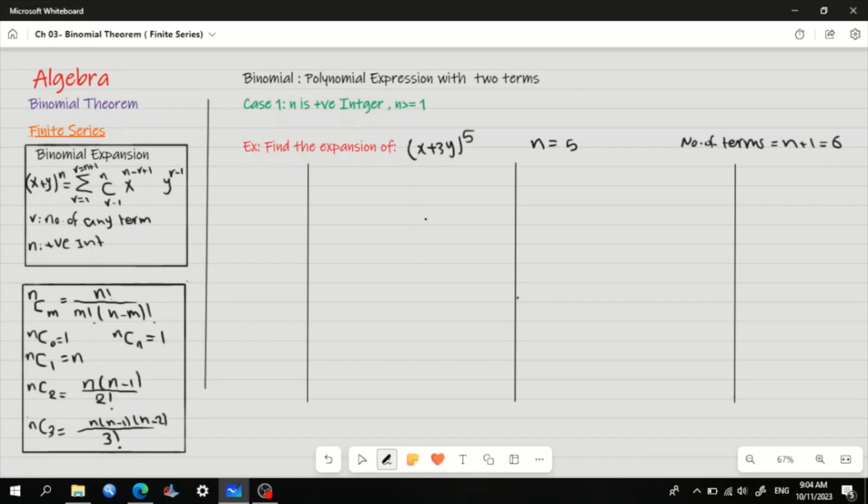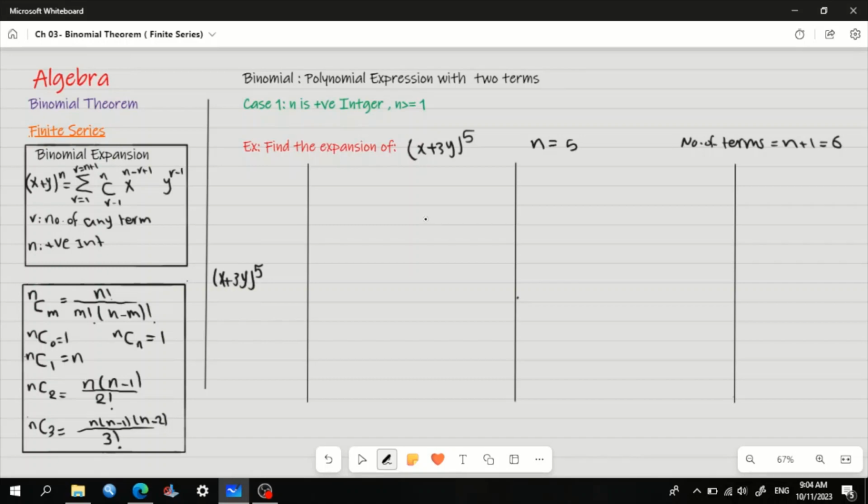Okay, so here (x + 3y)^5. We don't have just y here but 3y, so no room for Pascal's triangle here. Okay, just use the coefficient into the bracket of the binomial, with both terms equal to 1.